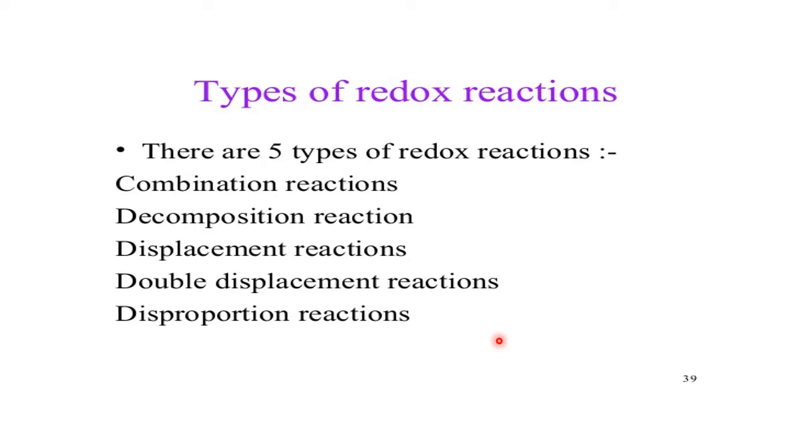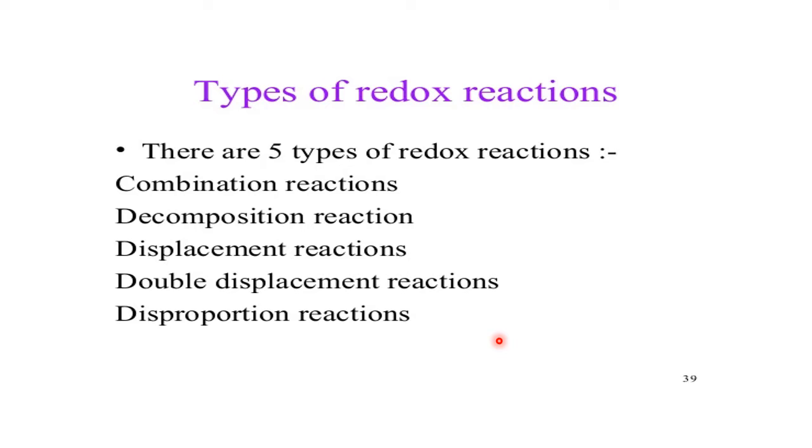If there is a change in the oxidation number, then it is a redox reaction. If there is no change, then you don't call it a redox reaction, it is a normal reaction. Okay, so that is the main point we are going to discuss today. Change in the oxidation number means it is a redox reaction, otherwise no.